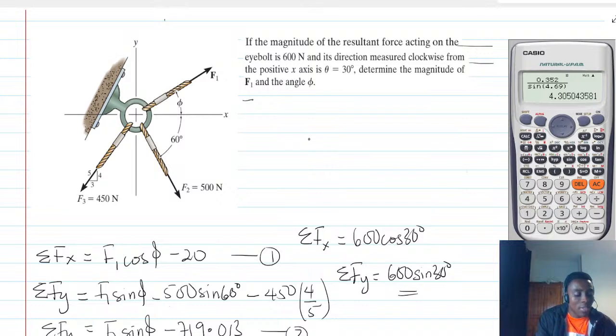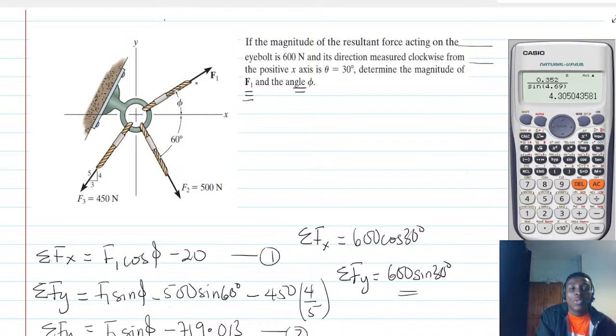Let me start with the question and then I will let you continue. We've been asked to find F1 and the angle phi. So you see that it's the same thing, isn't it?